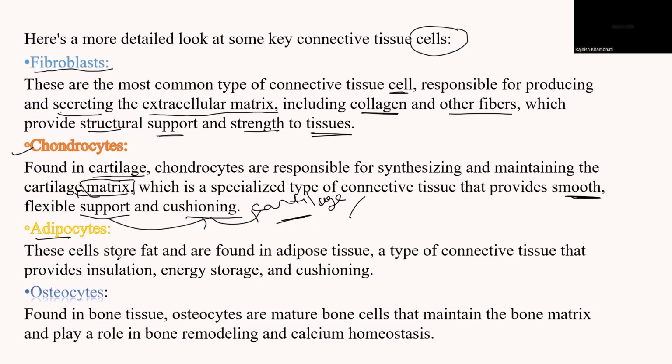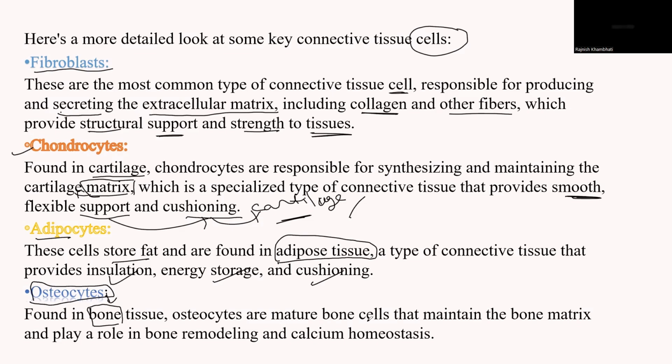Adipocytes store fat, and they are the cells of adipose tissue. They also provide cushioning, energy storing material, and insulation. Then the fourth type of cells are osteocytes. Osteocytes are the cells of the bone. Your bone cells are known as osteocytes.